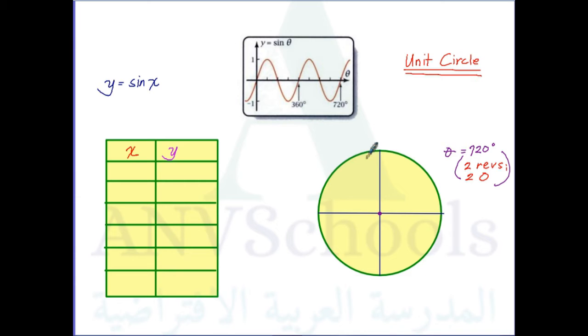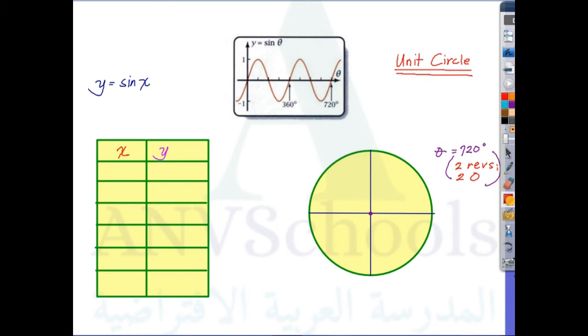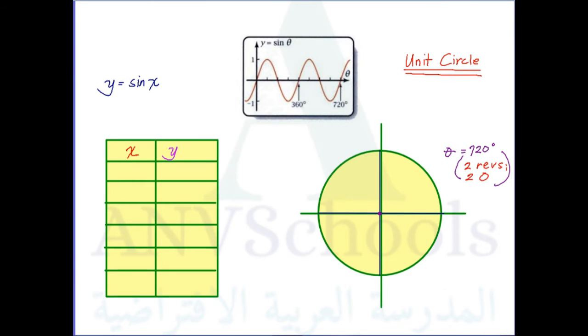So let us extend this axis outside, so that we have an x-axis and a y-axis. This is our x and this is our y-axis in a regular Cartesian coordinate system.